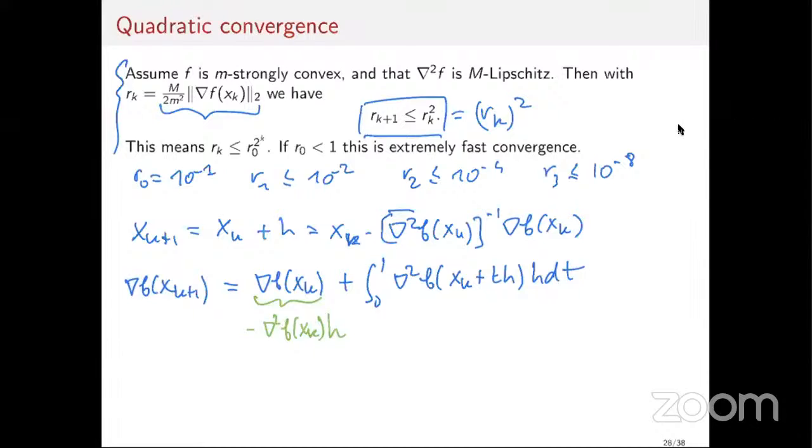So what I'm going to do now is something very simple. I'm just going to put this inside the integral. So this is the integral from 0 to 1 of the Hessian of f at xk plus th minus the Hessian of f at xk times h dt. Now I'm just going to take the norms on each side of the equality.